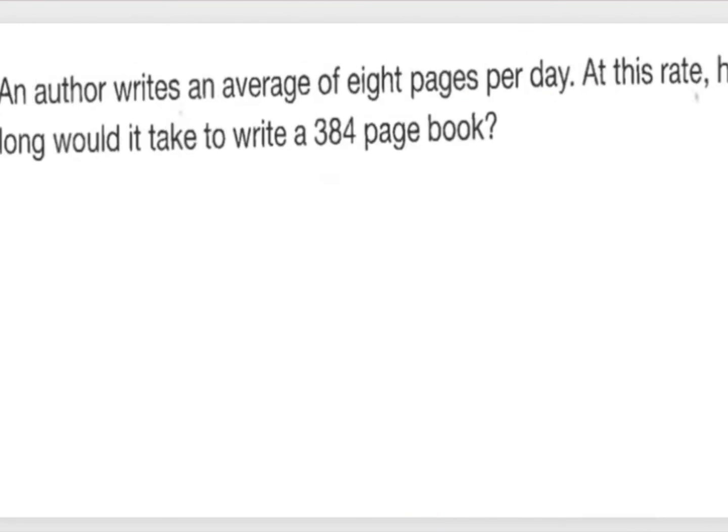An author writes an average of 8 pages per day. At this rate, how long would it take to write a 384-page book? If we were going to do this with our rates, we would say 8 pages per day.